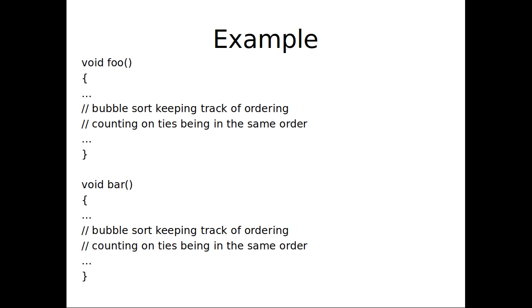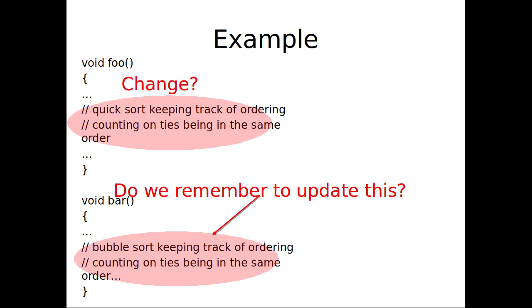And there's an issue here, because if we want to update this code to do more efficient sorting, we will maybe modify it someplace, but we might forget that there are other places in the program where we need to modify it as well.